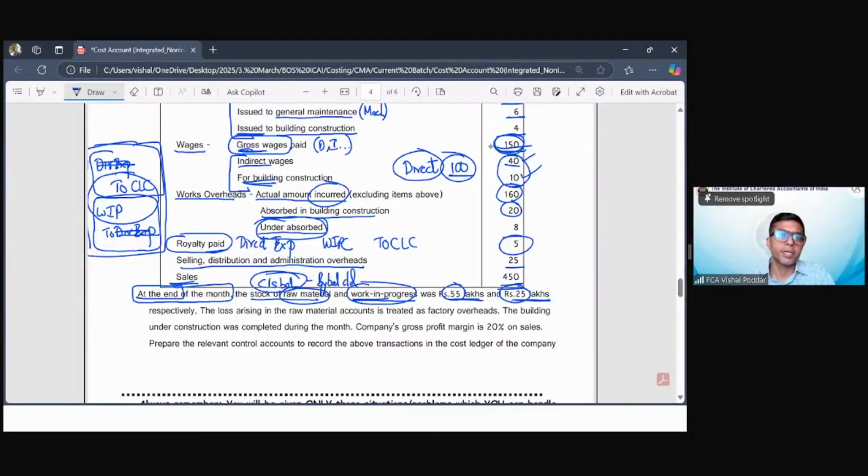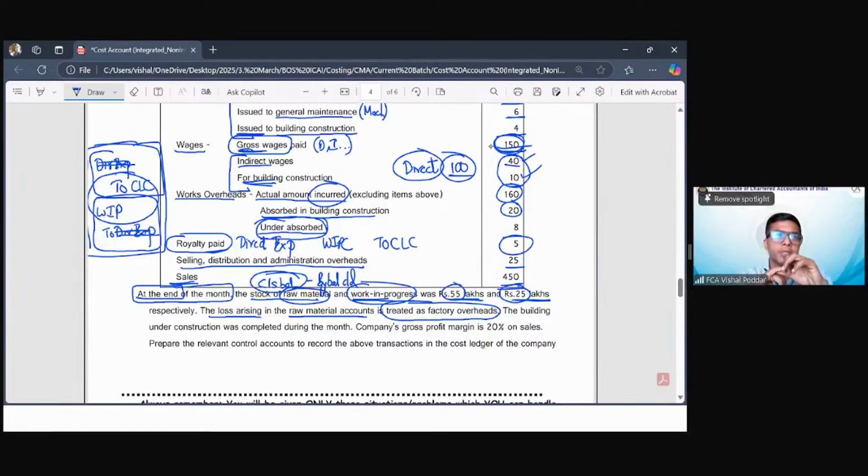Now again, something interesting. They are saying loss arising in their materials has to be treated as factory overheads. So they are accepting that there is some loss, but the treatment that they want is not to transfer it to P&L. Generally, if there is any loss, my simple entry would be to transfer it to my P&L.